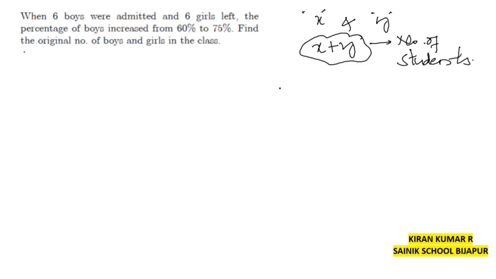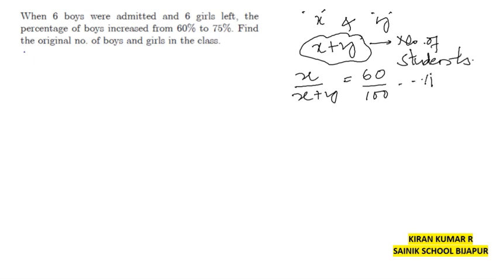According to the condition here, the percentage of boys is 60%, which means the number of boys upon the total strength is 60%, which is 60 by 100.